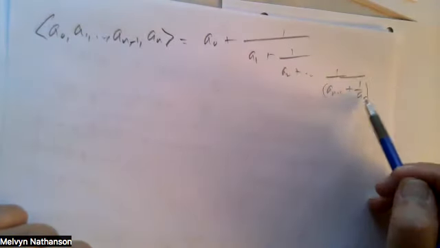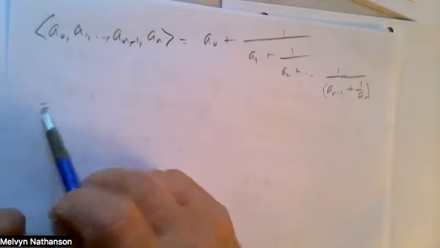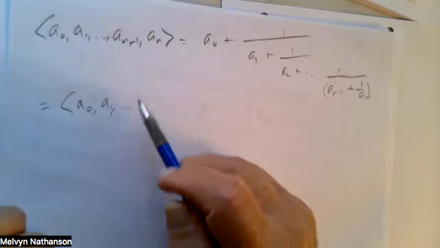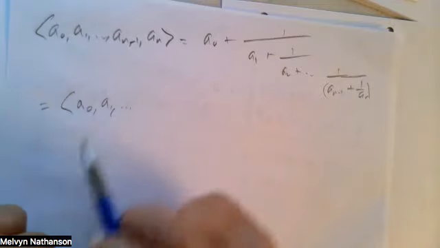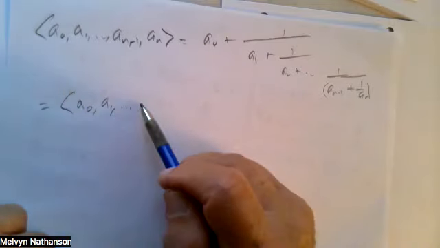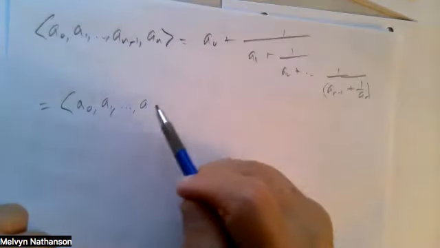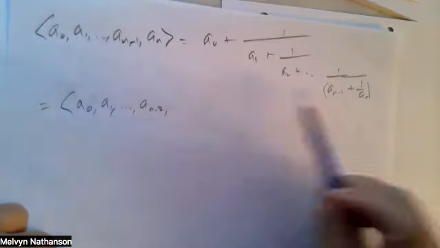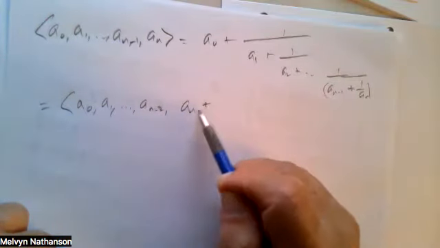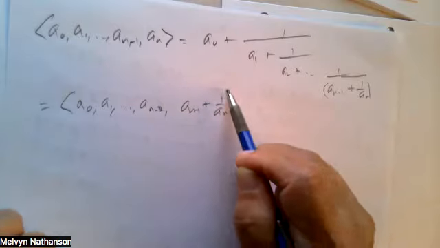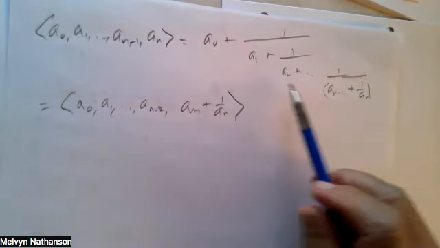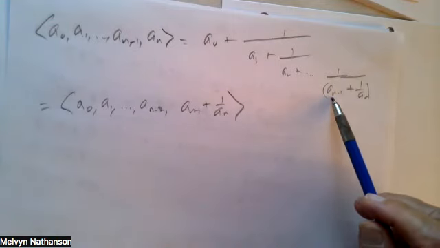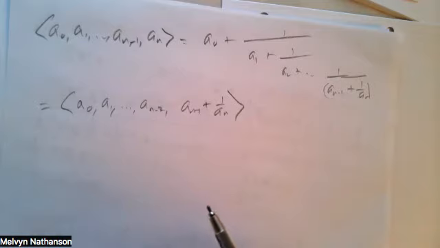So if I think of this as a single number, this is exactly the same as A0, A1 up to A sub n minus 2, and I can replace An minus 1 by An minus 1 plus 1 over An. This is just like a continued fraction with one less term, but where the last term is An minus 1 plus 1 over An.